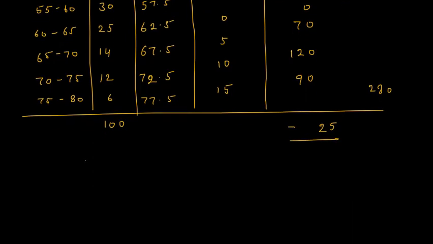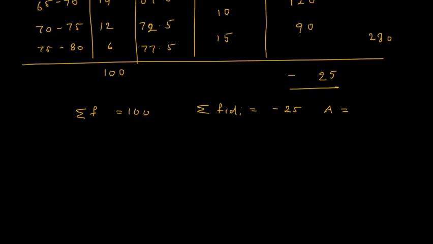So we have summation of frequency as 100, summation of fi di as minus 25, and the value of a as 62.5.